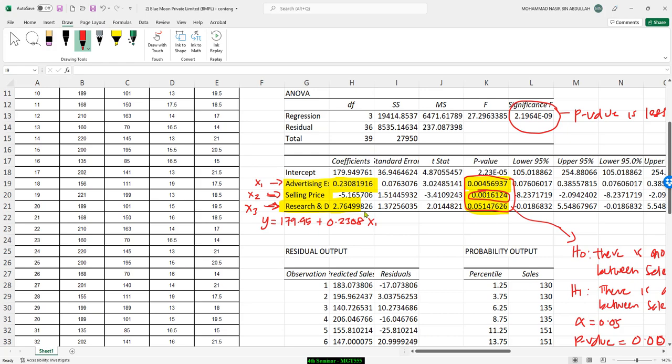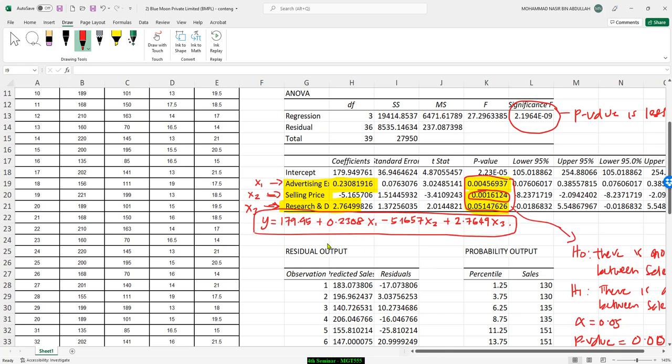So the next one, selling price is negative 5.1657 x2, we take 4 decimal points. And the last one is positive, plus 0.7649 x3, right? So this is how we get the equation for multiple linear regression.